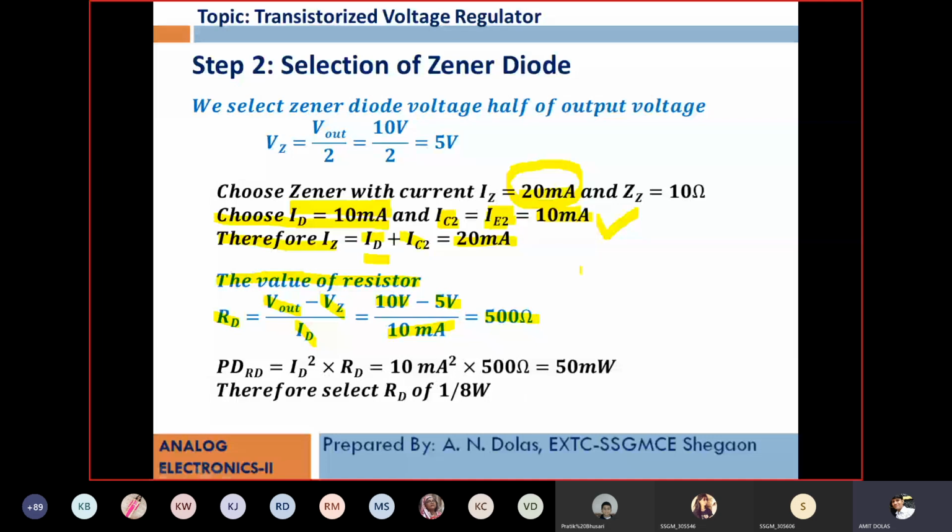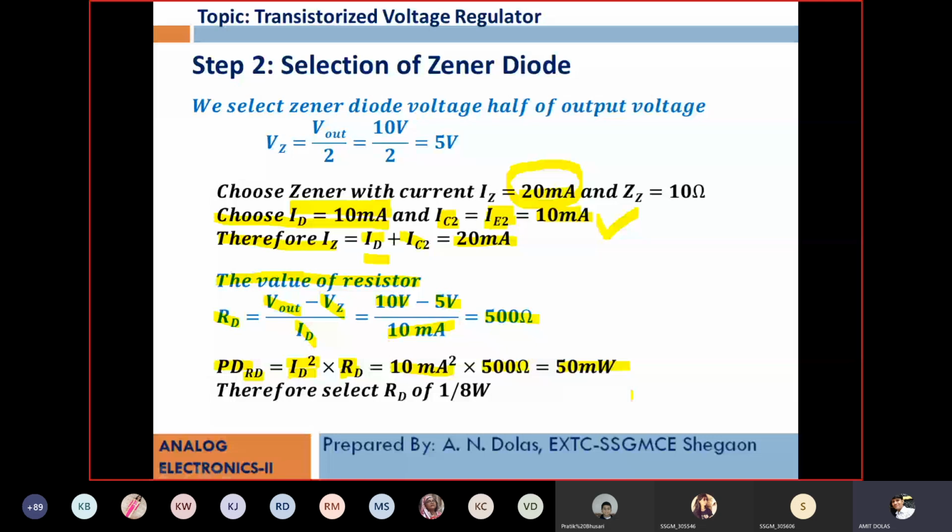Choosing or calculating only RD is not sufficient. We have to think of what is the power dissipation in that resistance, so that we can choose proper wattage of the resistance. So that is done here. Power dissipation in RD is current square, that is ID square, multiplied by RD, that is 10 milliampere square multiplied by 500 ohm, equal to 50 milliwatt.